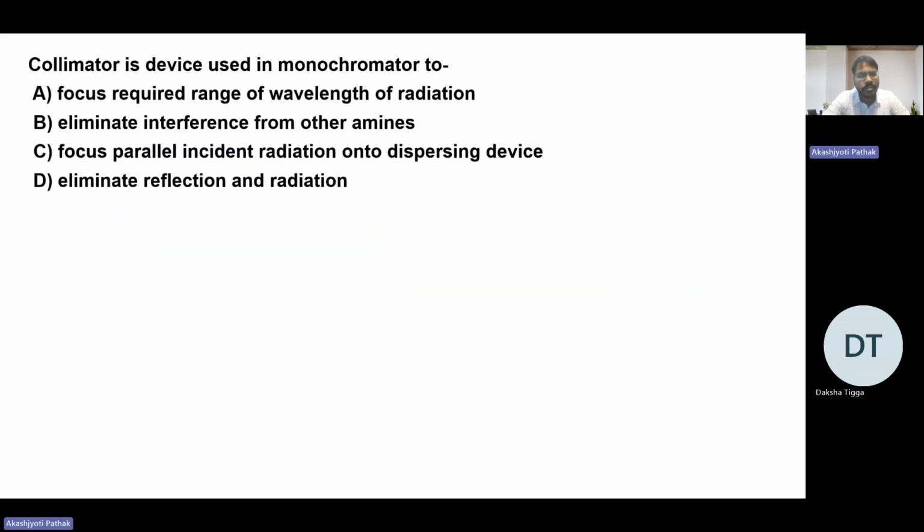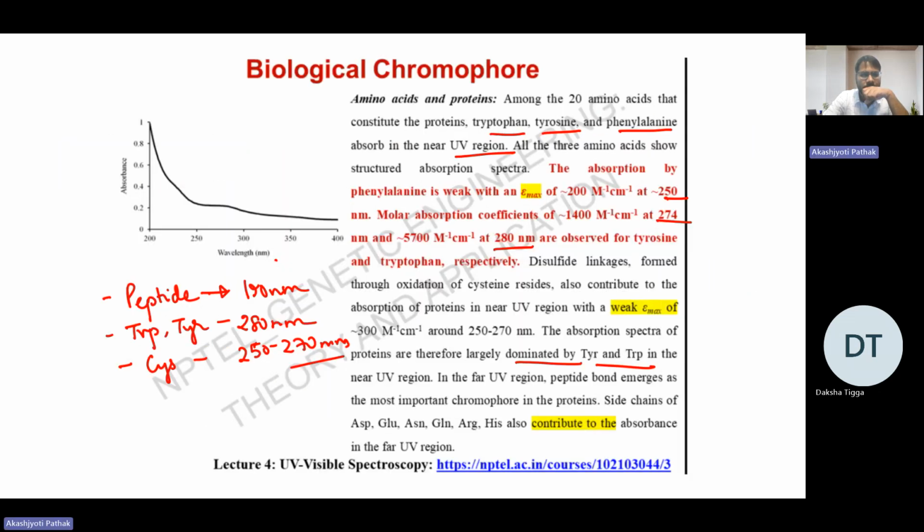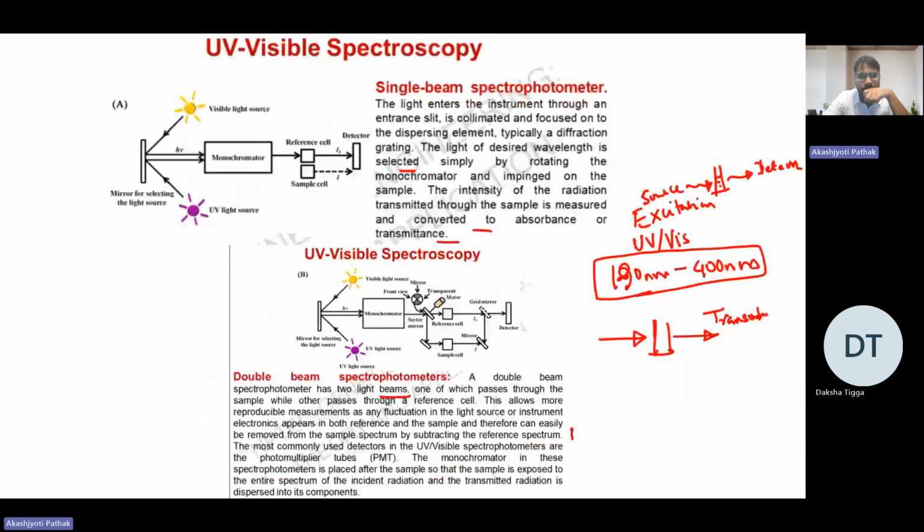So moving to the next question, what is a collimator? Why is collimator used in monochromator? So if you see this figure, this one.